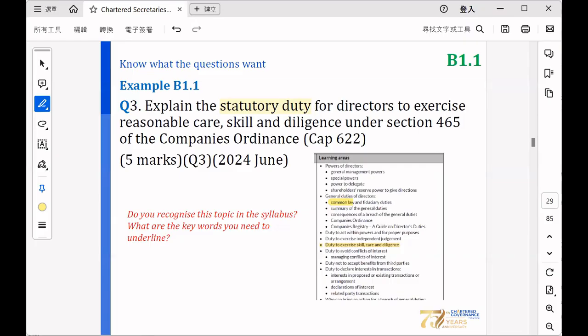Now the second threshold is the subjective test. You compare with someone with your knowledge or expertise. Supposedly, you know how to farm rubber, for example, and you are the director of a rubber company, then you can make use of your expertise in farming rubber trees for your company.